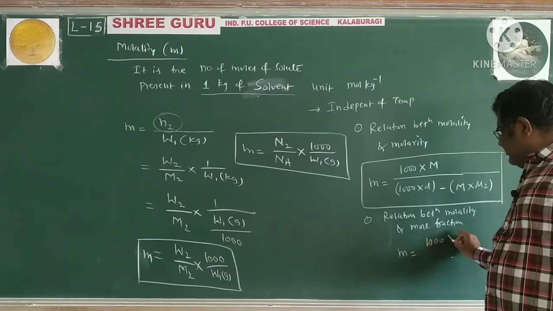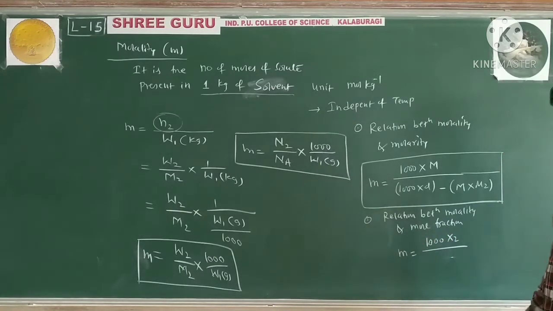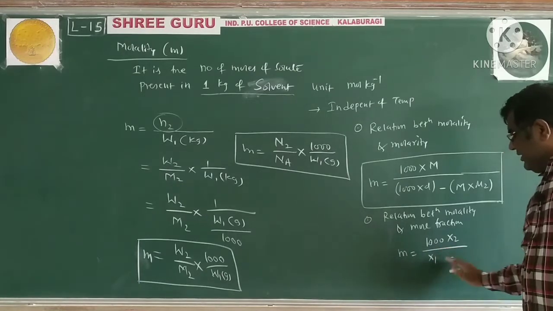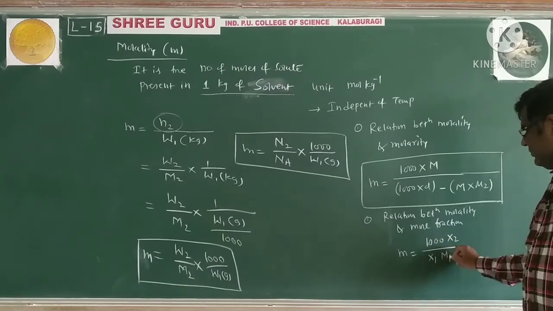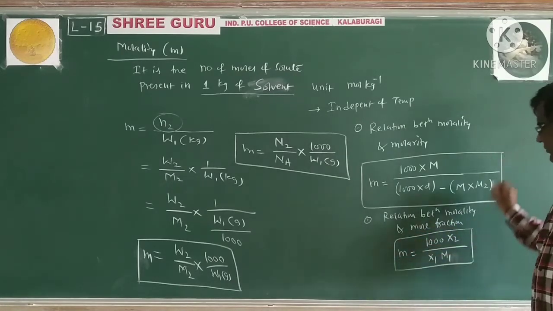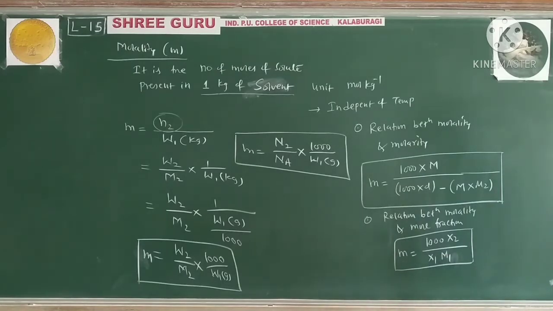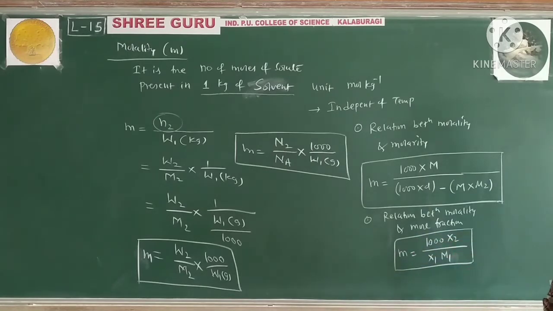Molality equals 1000 into X2, the mole fraction of solute, divided by X1, the mole fraction of solvent, into M1, the molar mass of solvent. This is the relation between the mole fraction of solute and solvent and the molality.